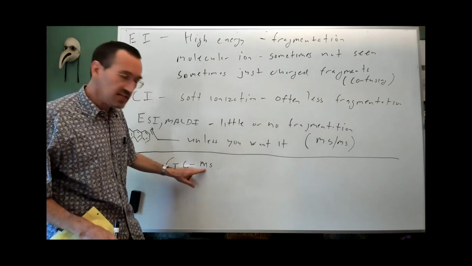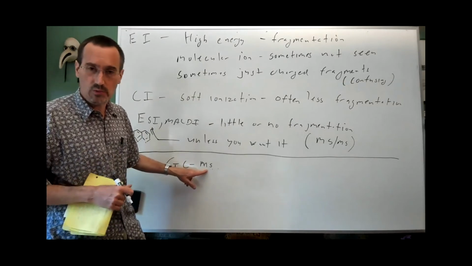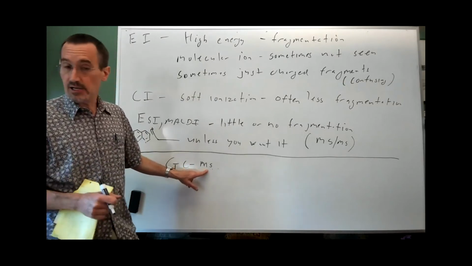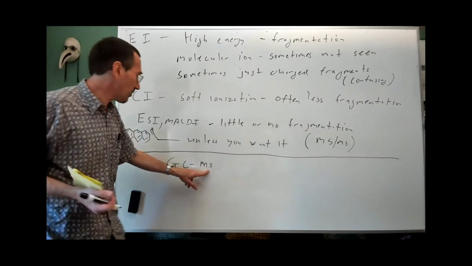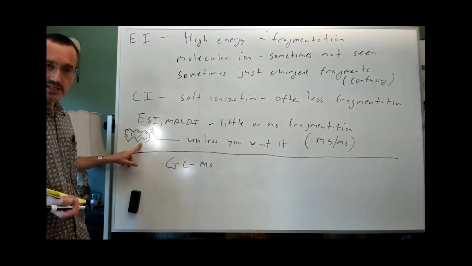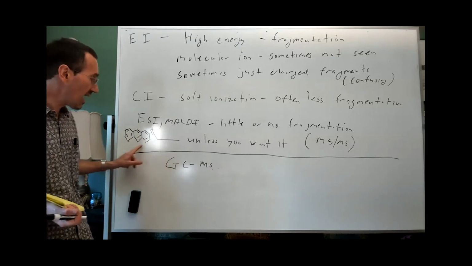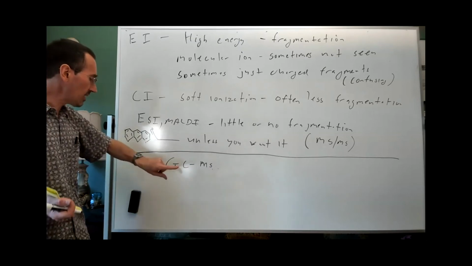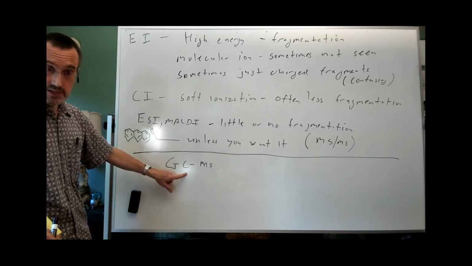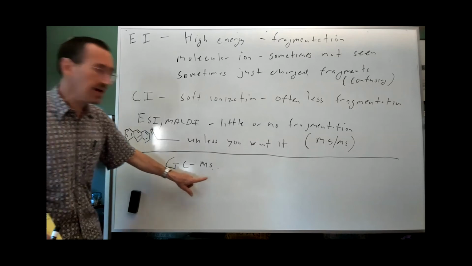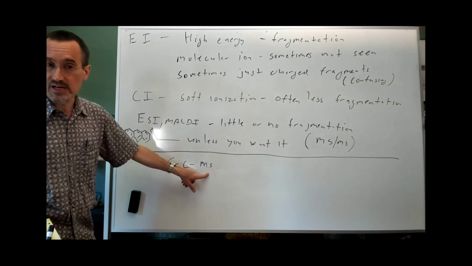So GC mass spec works very well with electron ionization. It can also work with chemical ionization. And generally, if the molecule is stable enough to get it through a gas chromatograph, anthracene would be a good example, whereas strychnine would be a bad example, then generally you're going to have it stable enough to get it ionized, even if it does fragment.